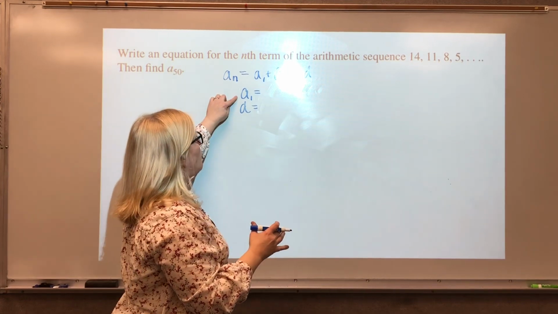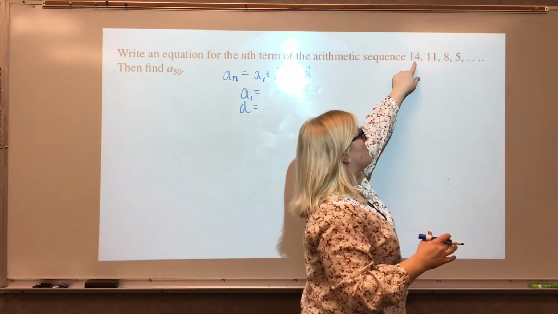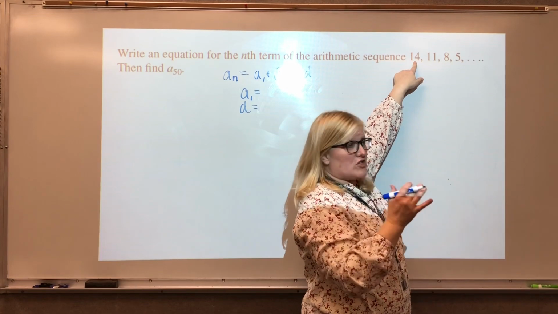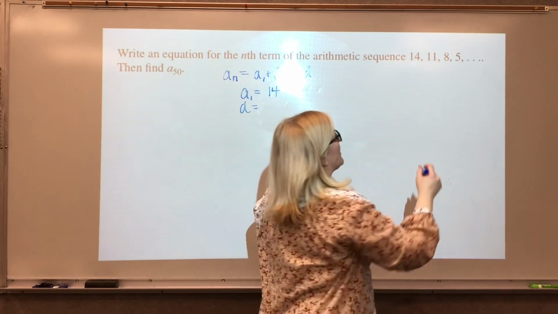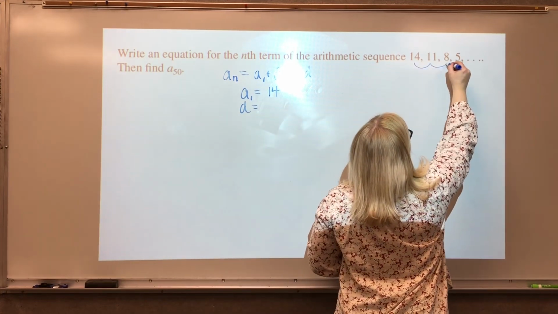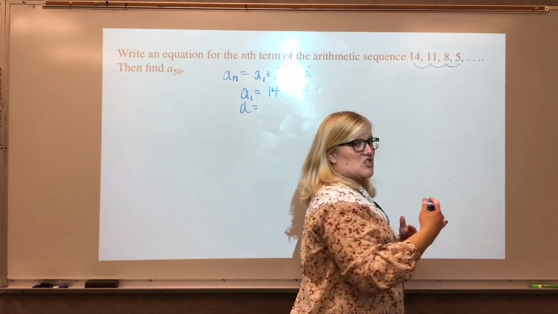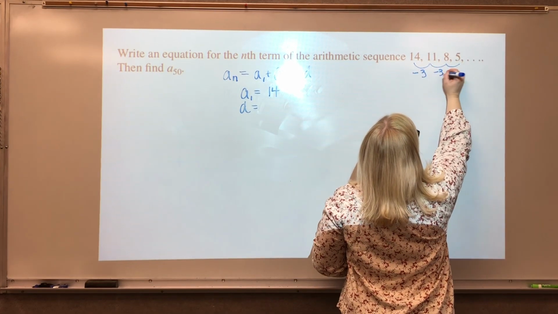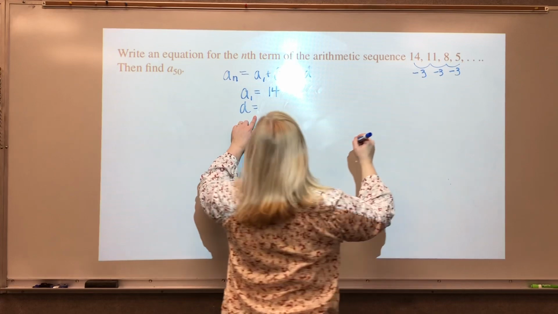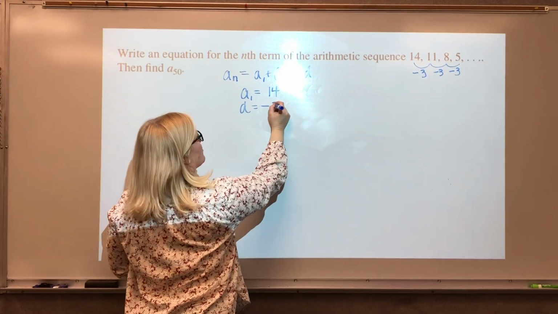Okay, so a sub 1 is my very first term. That one's easy, right? It's just the first one. We start at 14. My difference is what is being added to it each time. And in this case, it's -3, right? We're losing 3 each time. So my difference is -3.